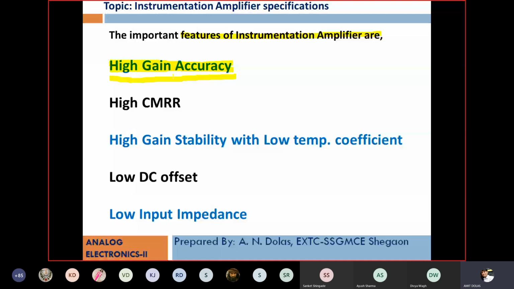Then high CMRR, common mode rejection ratio. As we discussed, the transducer has very low output, so attack of noise on a low signal is very possible. Therefore, whatever amplifier you are using should cancel the noise.